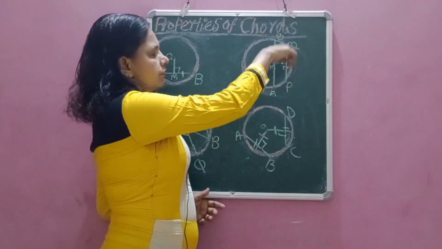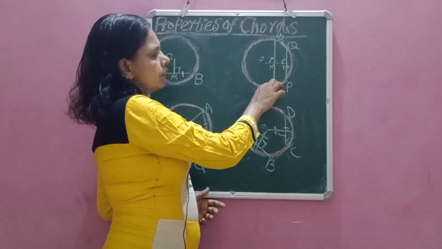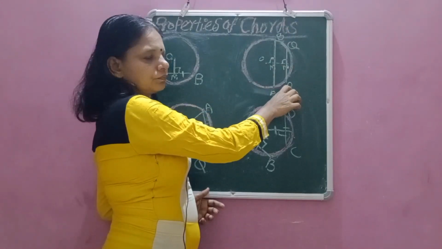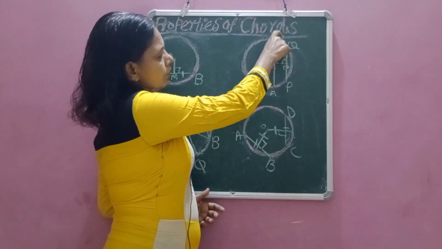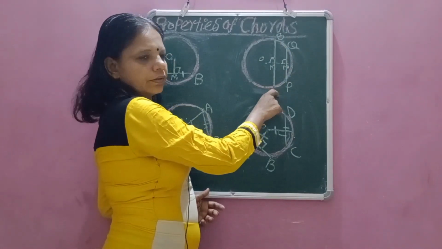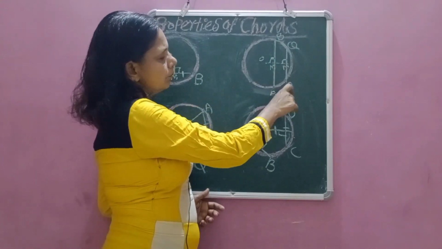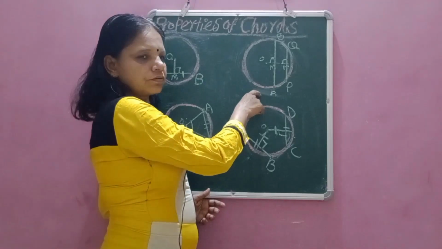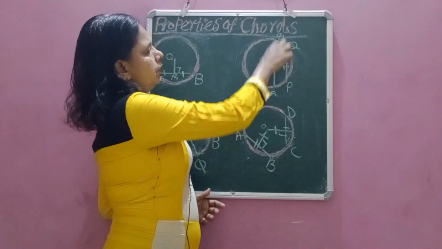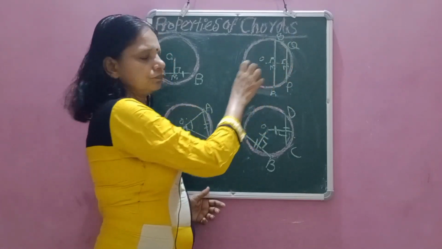Here also you can see two chords AB and PQ. O is the center. OM is perpendicular to AB. ON is perpendicular to PQ. It is understood that AB is greater than PQ.